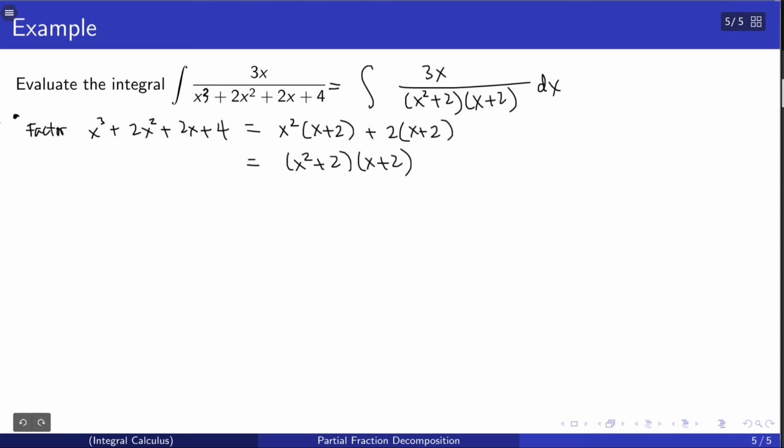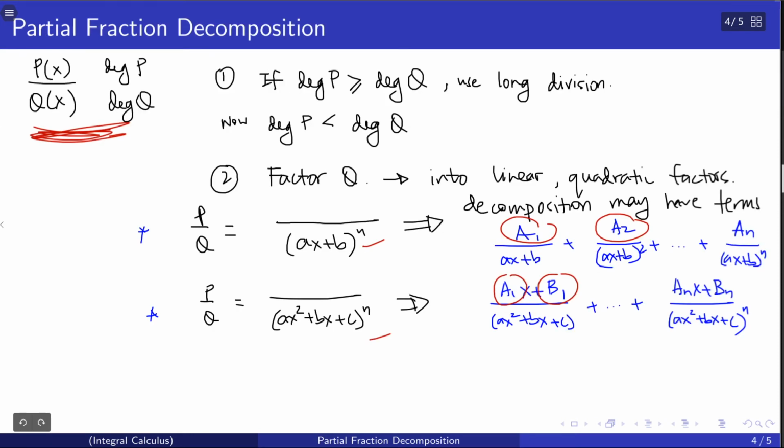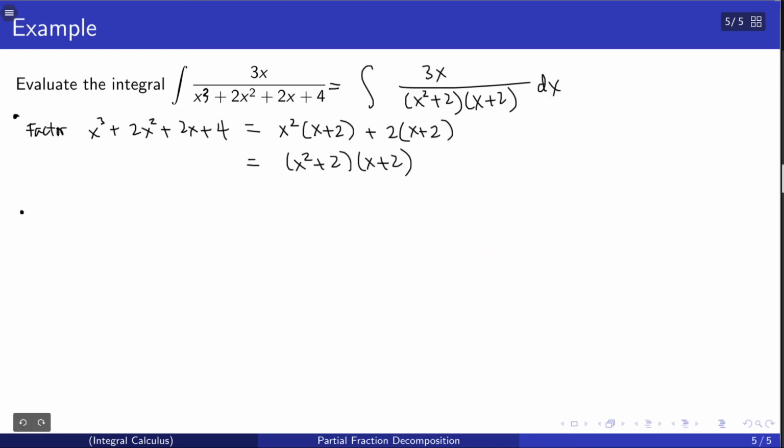Okay, what does this tell me? Right, so remember from the previous slide, the power n of your terms in the denominator tells you how many terms we might see in the decomposition, right? We go all the way up to power n in the decomposition. But here the power is just 1 for this irreducible quadratic and the linear term beside it.